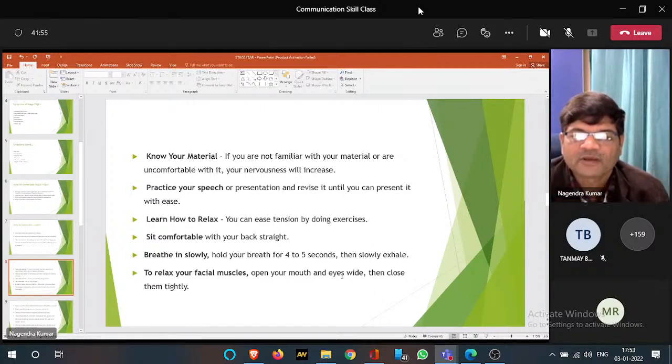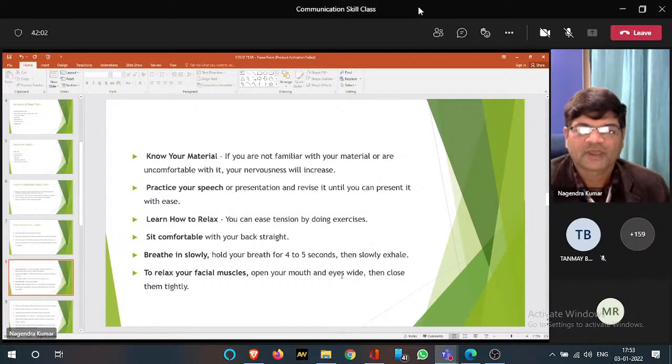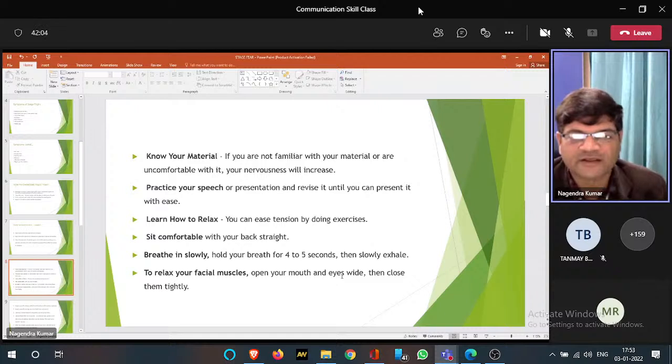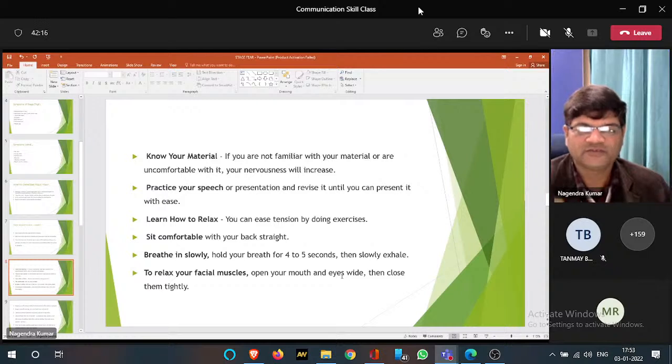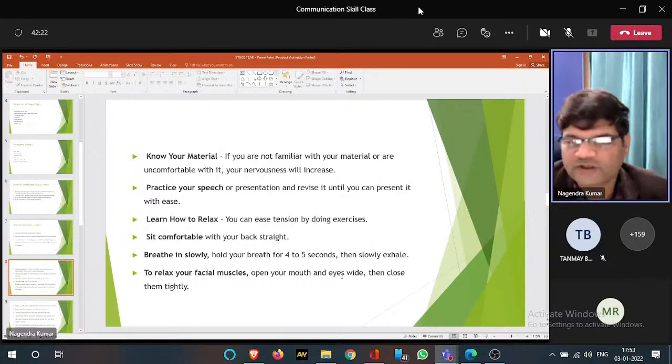Fine. Then, it is also said that if you have to take control of your body and control your anxiety, you need to practice a few relaxation techniques. So people say that the moment you reach, take a couple of deep breaths, which calms your nerves and allows your brain to function more properly.